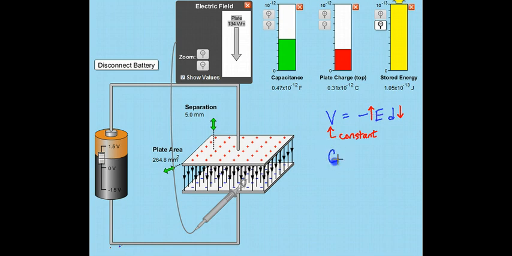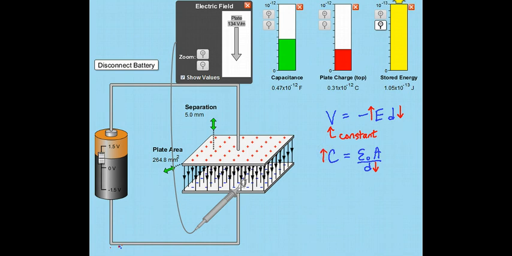The capacitance of a parallel plate capacitor is directly proportional to the cross-sectional area and inversely proportional to the distance between the two plates. The area is held constant. This is another constant. So, as the distance D gets smaller, the capacitance must increase.